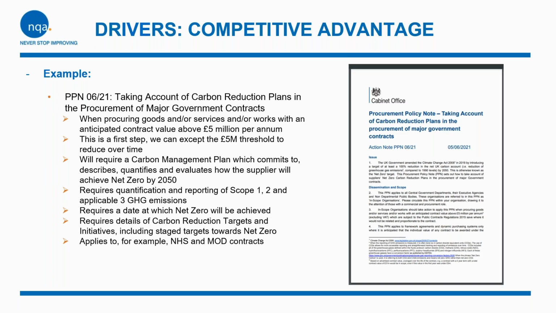It requires the supplier to detail how they're going to achieve net zero. It requires the supplier to quantify their scope 1, 2 and 3 emissions. It requires a date for net zero, a target date, and it requires detail of the carbon reduction target. So any of you who might be supplying the NHS, or any of you who might be supplying the Ministry of Defence, may have experienced this as a supply chain pressure.